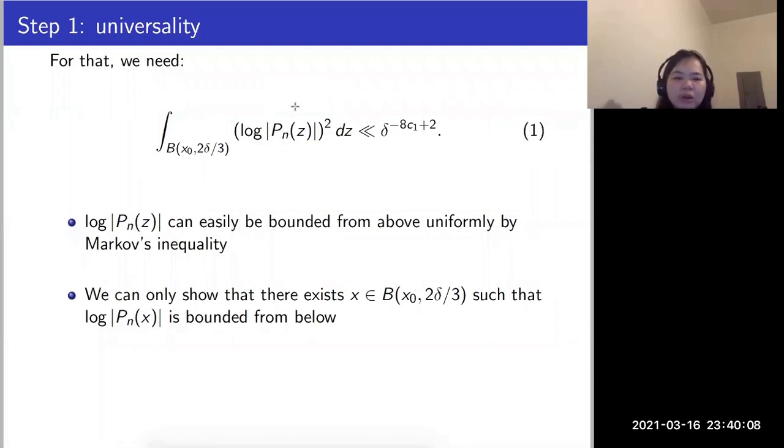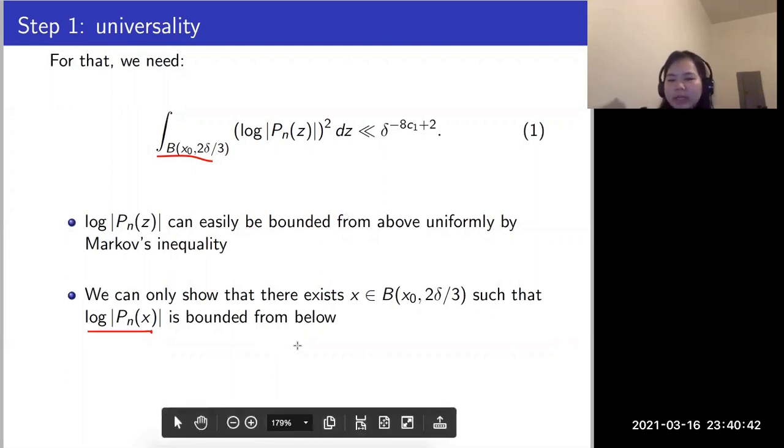And with our tools of anti-concentration, usually we can only show it at a fixed point. And even worse, we only show that for any ball there exists an x such that we can control log p and x from below efficiently, meaning at any point in the ball we can control it, but not with strong probability, with high probability.